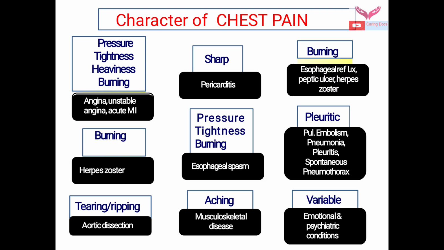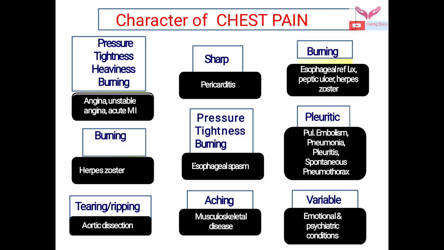Next in SOCRATES is the character of the chest pain. The patient can have pressure, tightness, heaviness, burning sensation. It is seen in angina, unstable angina, acute MI. When the pain is of sharp character, it is seen in pericarditis. Burning pain is seen in esophageal reflux, peptic ulcer disease, herpes zoster.